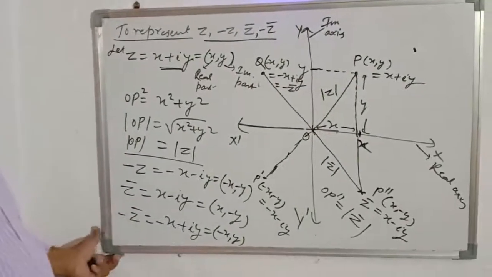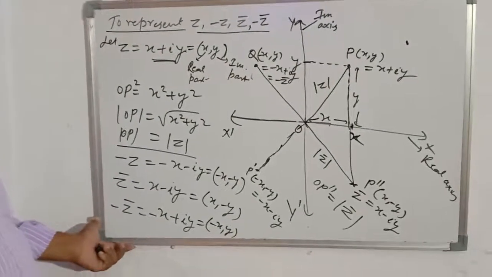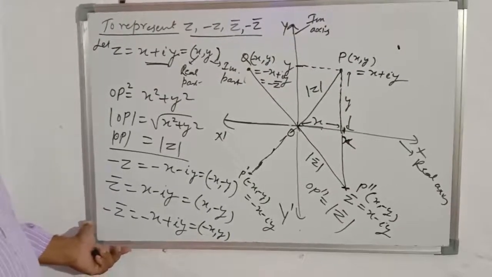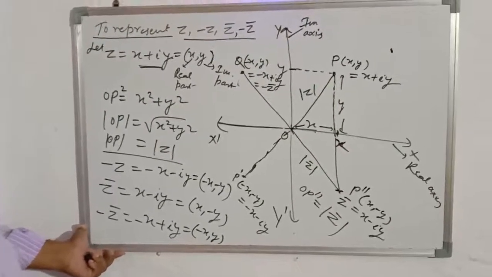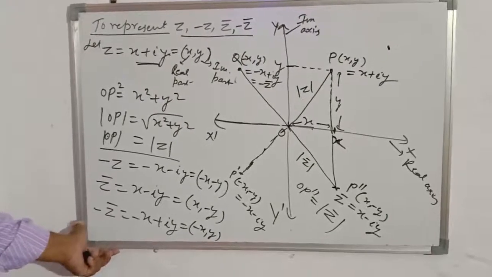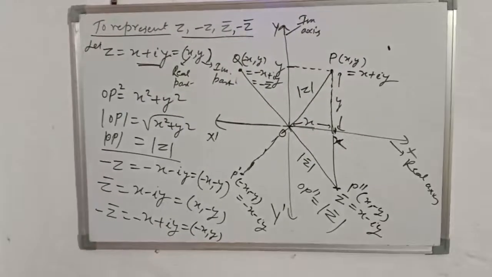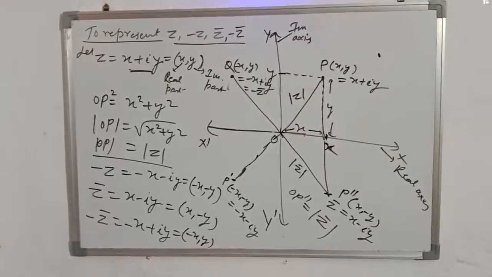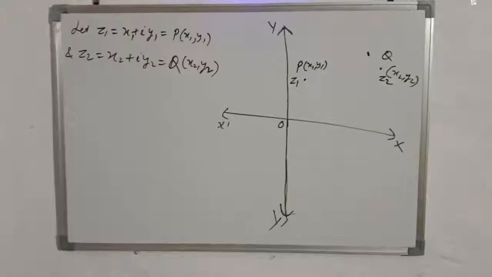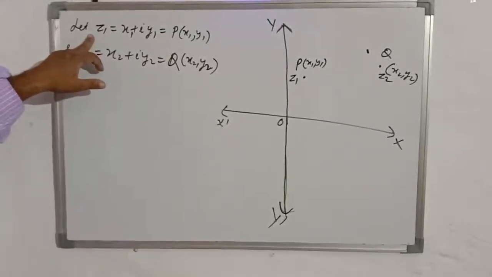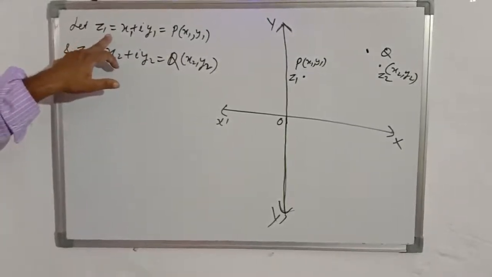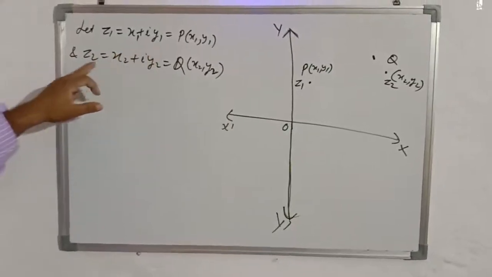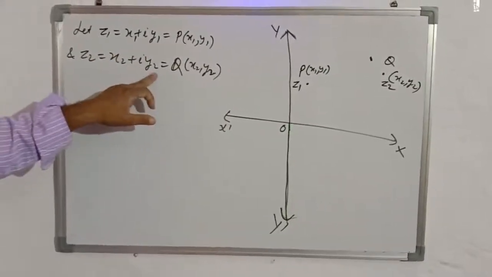Now we will see how we can find the distance between two points which can be represented by complex numbers. The points represent the corresponding complex numbers. Let Z1 be the complex number x1 plus iy1 and Z2 be x2 plus iy2.